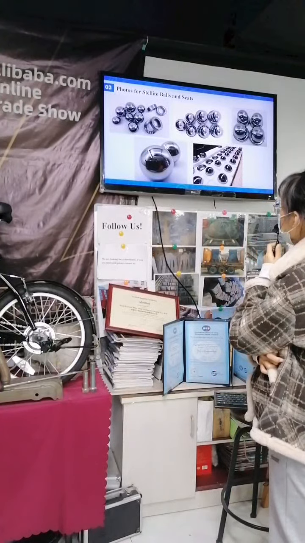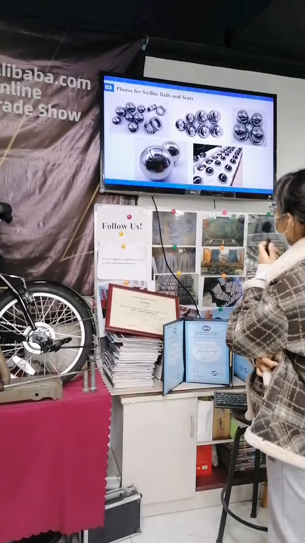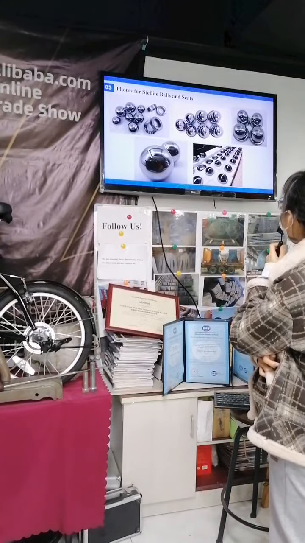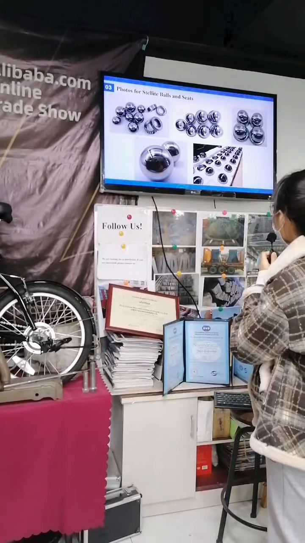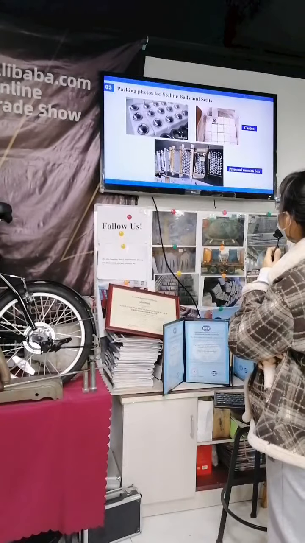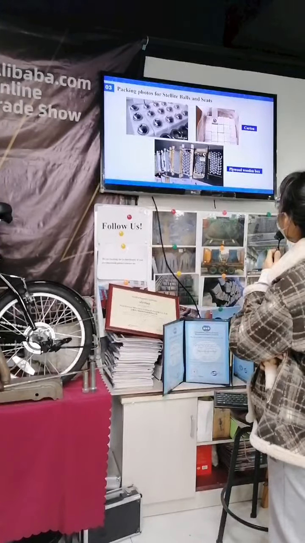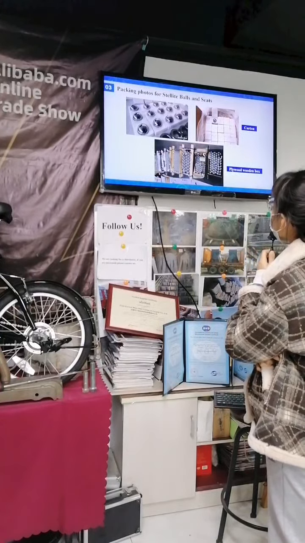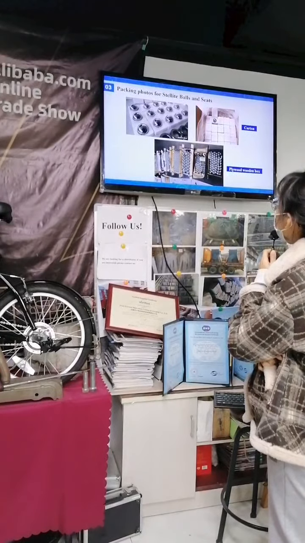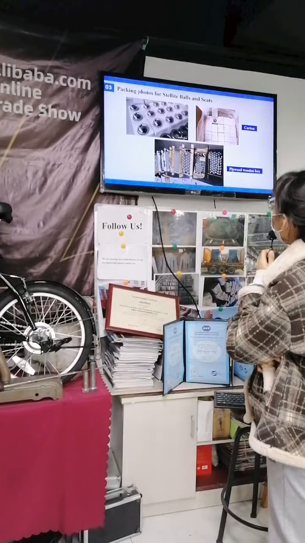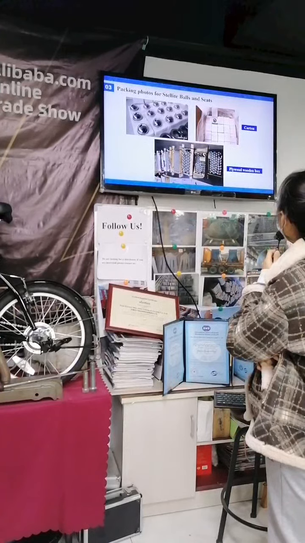Now let us see some photos for stainless balls and seeds. They use cotton painting and a wooden box.